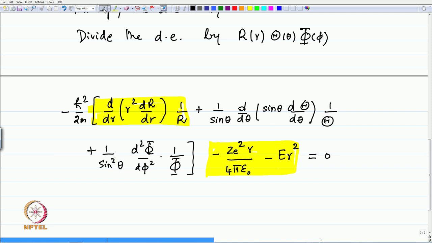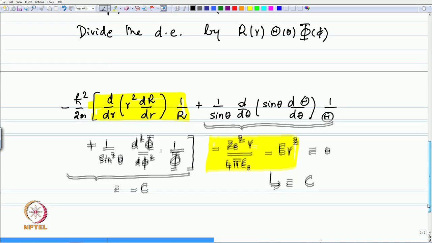Therefore, it is straightforward for you to write this as equal to some constant c, in which case the remaining terms, this and this, will be equal to minus c, so that the sum of this is 0.